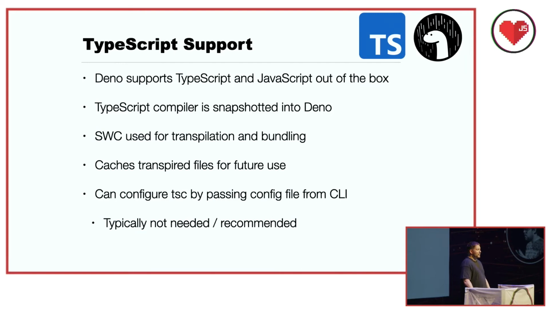So it's a lot faster than Babel. We use all of these things to type check, transpile and bundle up your TypeScript code for you. All of this is cached locally, so it won't have to recompile everything unless it's necessary. If you have a lot of custom TSC options that you need to set, you can do that with a config file. It's not generally needed, so we don't really recommend it, but the support is there if you need to.